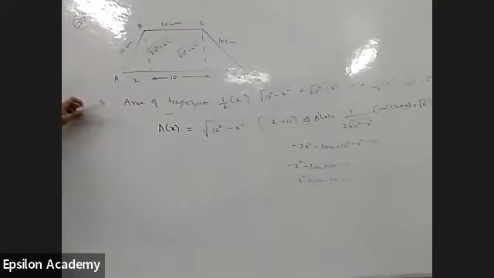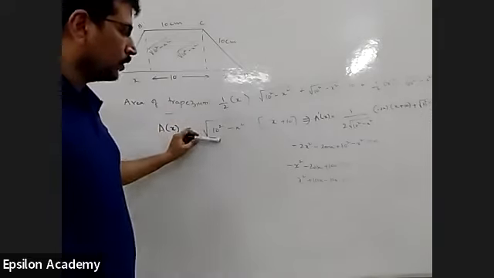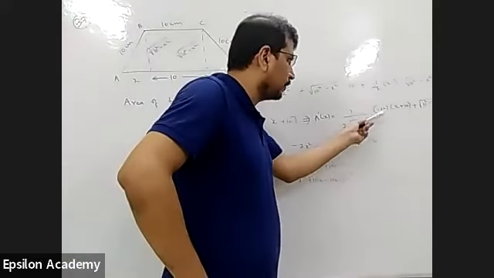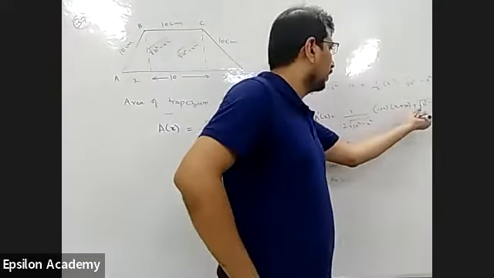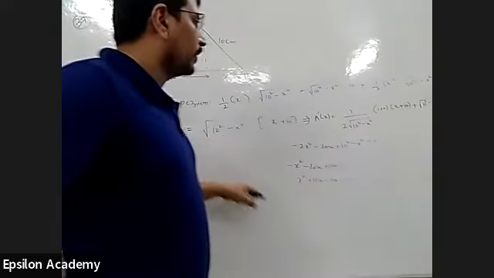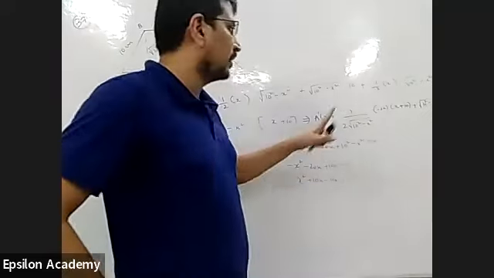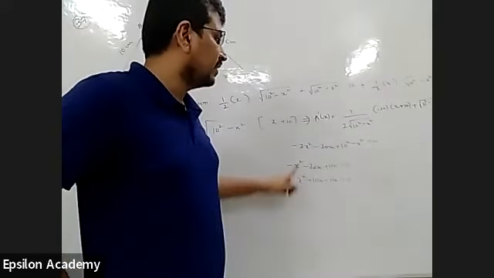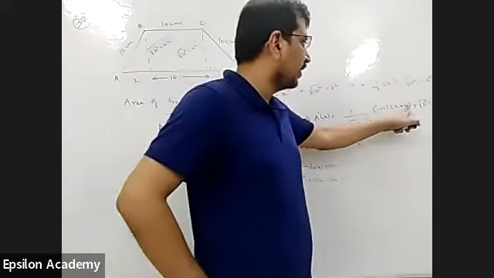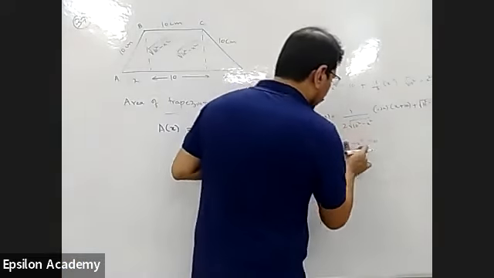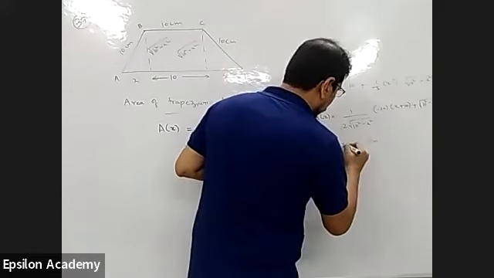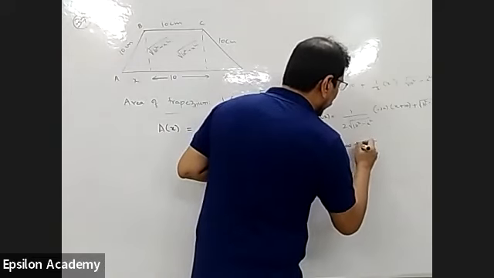1 by 2, see, when I differentiate this, 1 by 2 root of 10 square minus x square into derivative of this, which is minus 2x, into x plus 10, plus root of 10 square minus x square into derivative of x plus 10, which is 1. Now when I take LCM, it becomes minus 2x square plus 10. So here it is 200 minus 2x square.